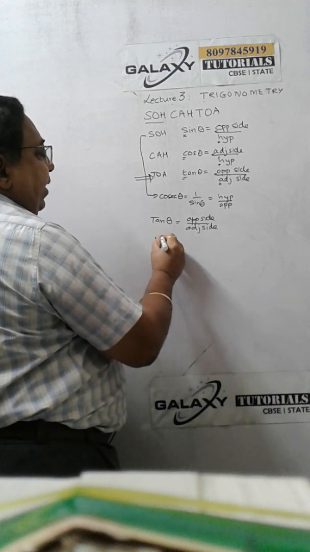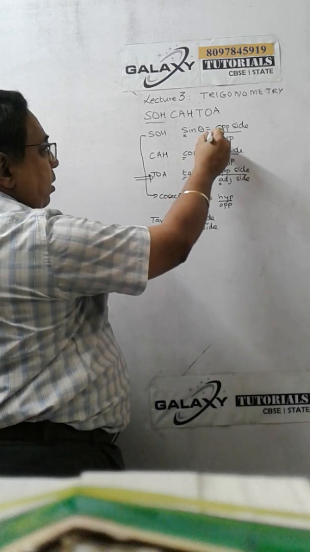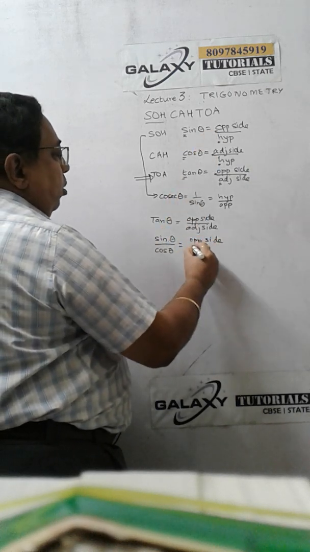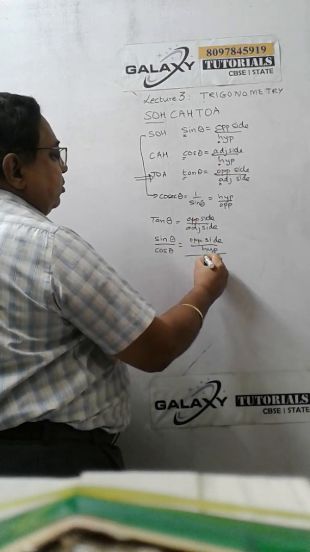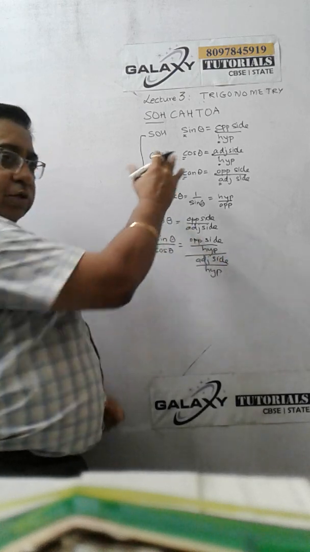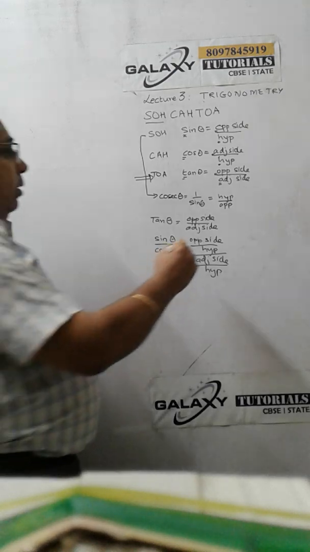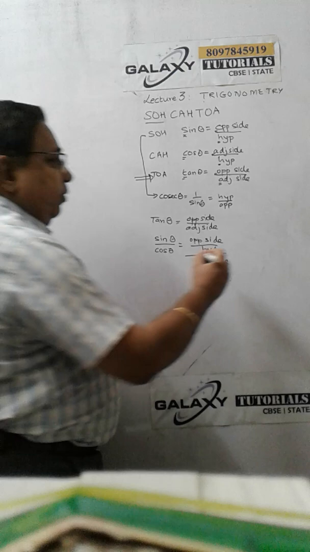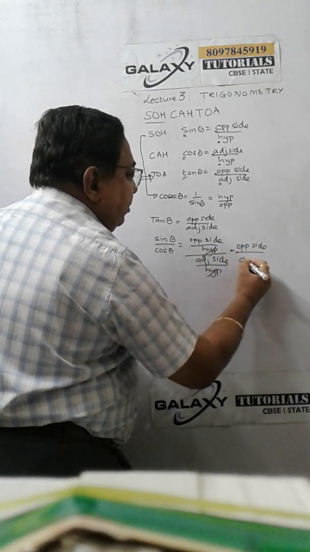And when I tell you to divide sine theta by cos theta, using the book formula, opposite side upon hypotenuse divided by adjacent side upon hypotenuse. I've just brought that from the table. SOH CAH TOA, nothing else. Hypotenuse cancels and will give me opposite side upon adjacent side.